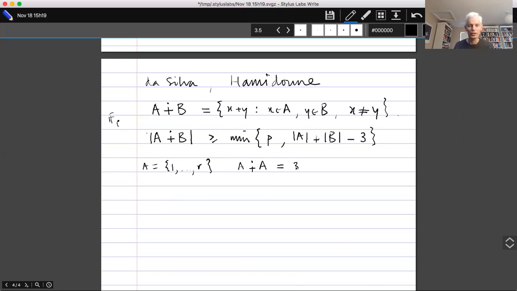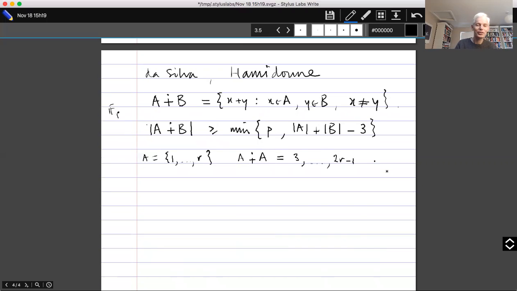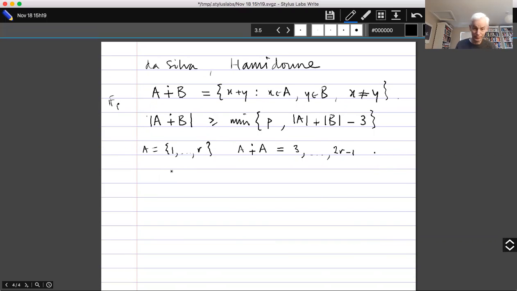So we go from 3, which we can certainly do, all the way up to, and again we don't get r plus r anymore, because we can't make it in any other way. So we go all the way up to 2r minus 1. The size of this set should be the size of A plus the size of B minus 3, which is one of those things that's horrible to check. But if we think about it, it's the same as the set from 4 up to 2r, so we can see that it is everything up to 2r except for 1, 2, and 3, so it has size 2r minus 3. Okay, so that just shows that it's certainly sharp, at least some of the time.